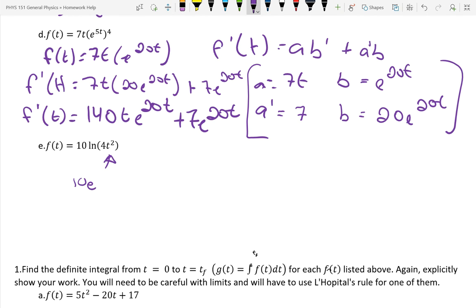We have things multiplied together. If we have natural log of a times b, how can we separate that into two separate terms? Natural log of a plus natural log of b. That's right.